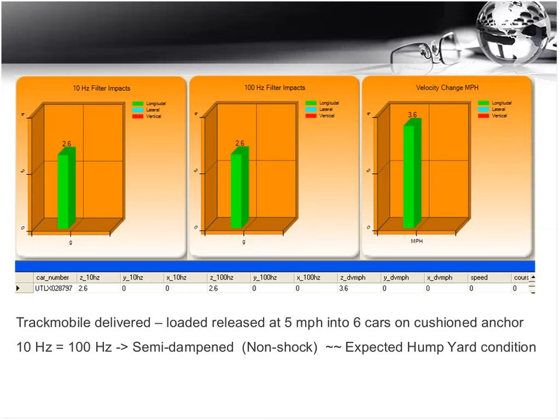And what we see is that the 10 hertz reading and the 100 hertz reading are equal. And what that tells us is that the event took a significant amount of time, at least 100 milliseconds. And that's a nice, gentle, dampened, non-shock type event.